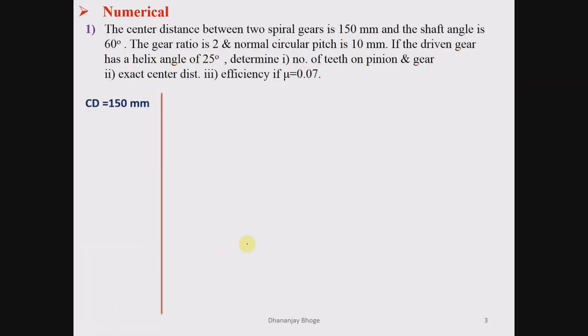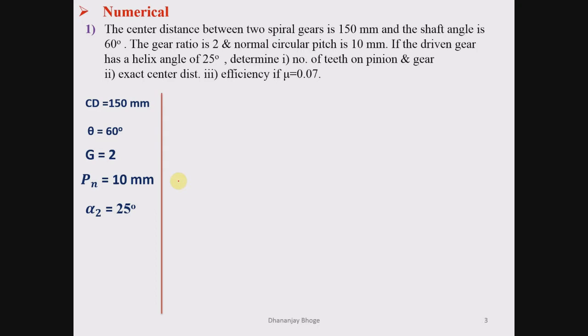Center distance CD is 150 millimeters. Shaft angle theta is 60 degrees. Gear ratio G is 2. Normal circular pitch PN is 10 millimeters. Helix angle of driven gear alpha 2. Correct.